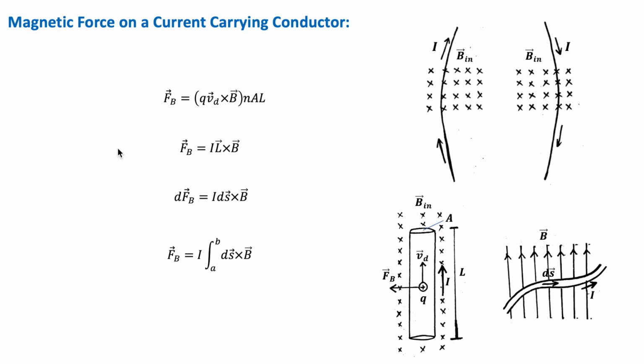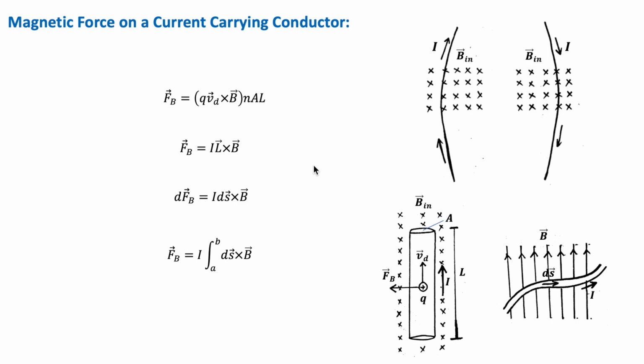So we will now discuss the magnetic force on a current-carrying conductor. As we have seen previously, a single charged particle moving through an external magnetic field will experience a magnetic force, right? And because a current-carrying wire is a collection of many charged particles in motion, it follows that it will experience a magnetic force when placed in an external magnetic field, right?